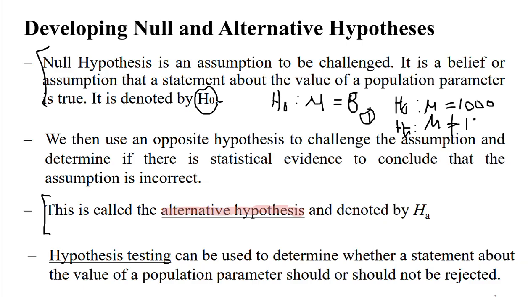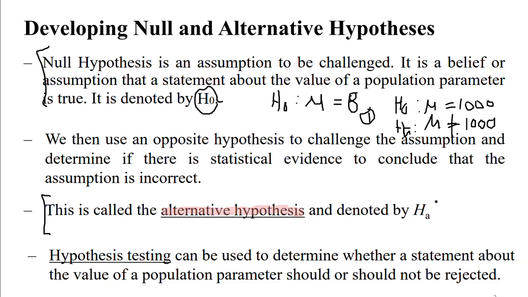And so we hope that the null hypothesis will be false. We hope to reject the null hypothesis. And to be able to find evidence against the null hypothesis, we have to state the alternative hypothesis.